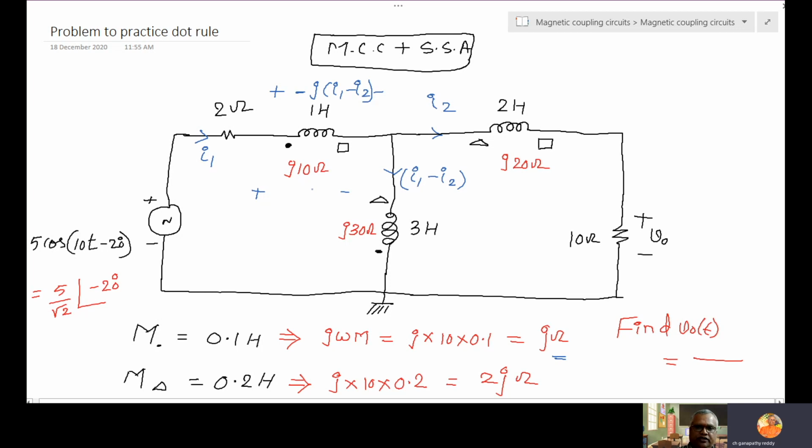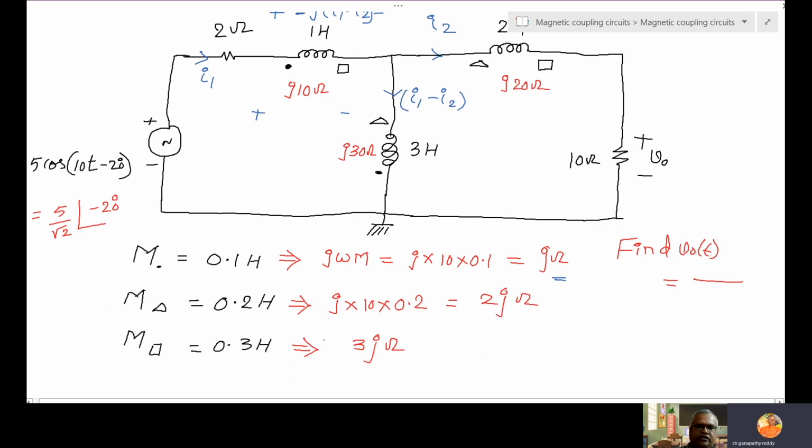The square reactance is 3j, so here 3j into I2. Next, because of this, here I1 is entering at the dot, assume sensing at the dot. I1 entering at dot, sensing at dot. What is the dot reactance? j into I1.